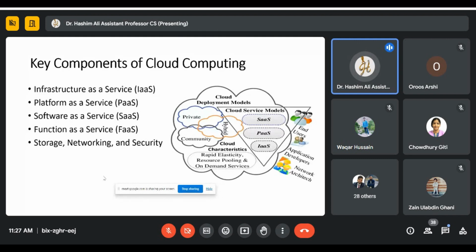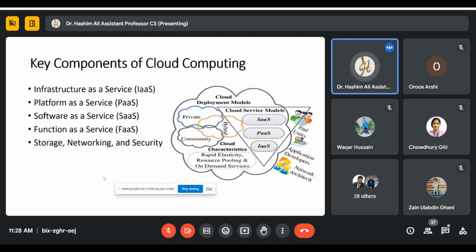And then we have the cloud service models, the different services provided by the cloud: infrastructure as a service, platform as a service, software as a service, or function as a service. Nowadays there is another new trend, storage as a service, even networking as a service. So these are the different services provided by the cloud infrastructure. We will discuss each one in detail.